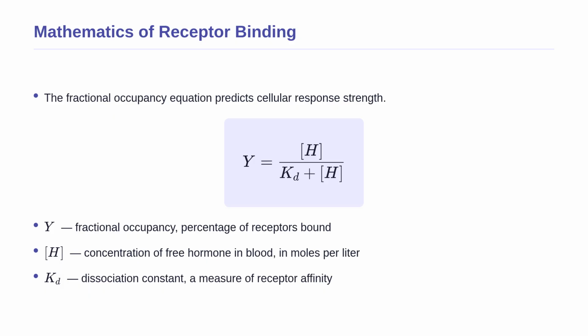The symbol H in brackets stands for the concentration of the free hormone in the blood. Finally, Kd represents the dissociation constant, which measures the receptor's affinity. A lower Kd means the receptor binds the hormone very tightly. When hormone concentration increases, occupancy increases, and the cellular response grows stronger.